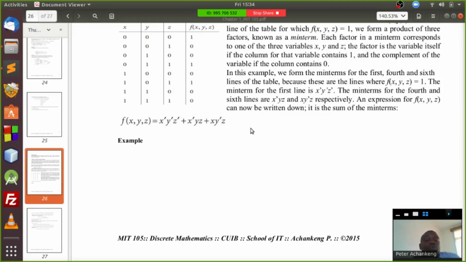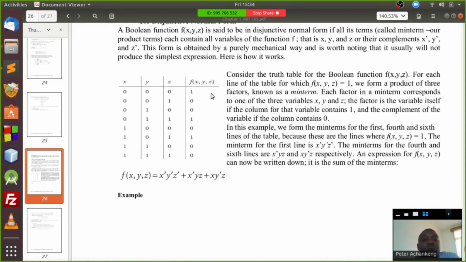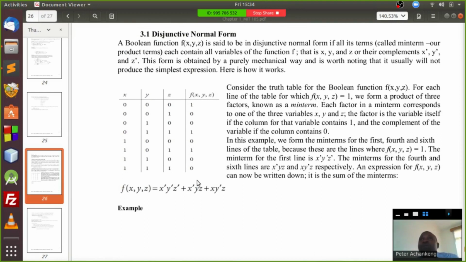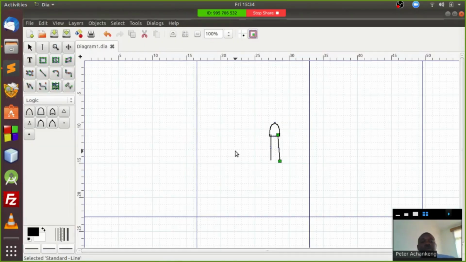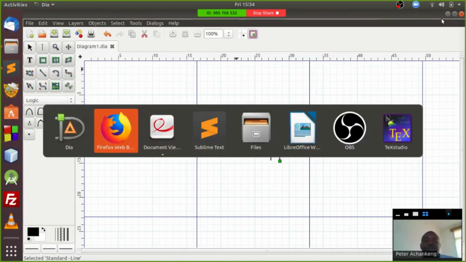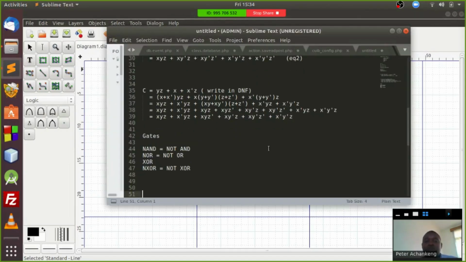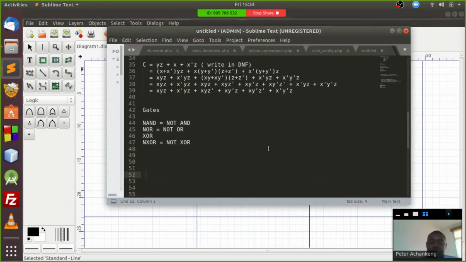Now I want you to apply what we have just done to the truth table for an exclusive OR. Can we construct the truth table for an exclusive OR? So I want to put a truth table for an exclusive OR.